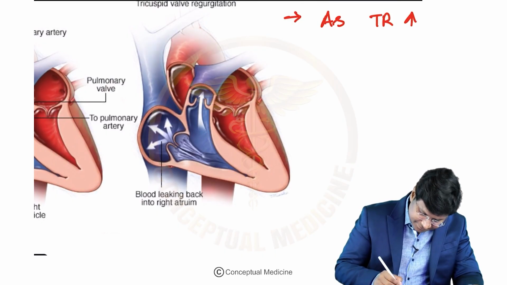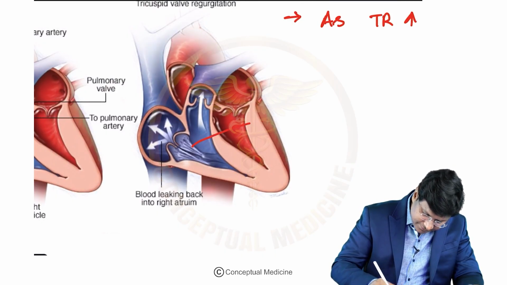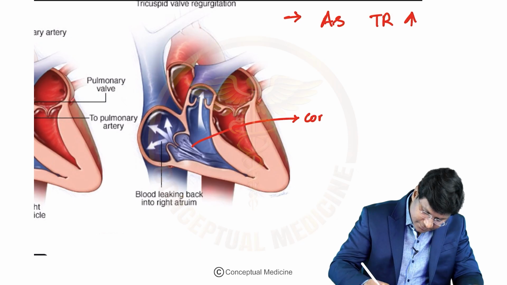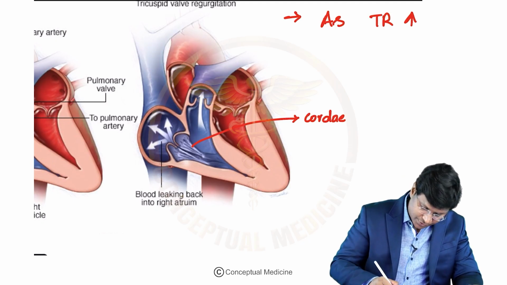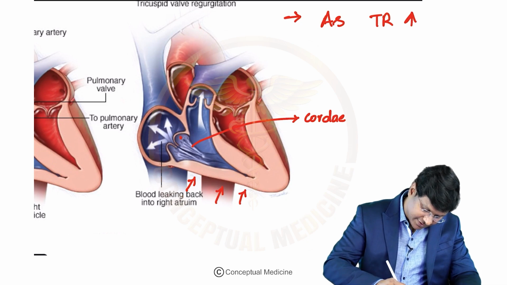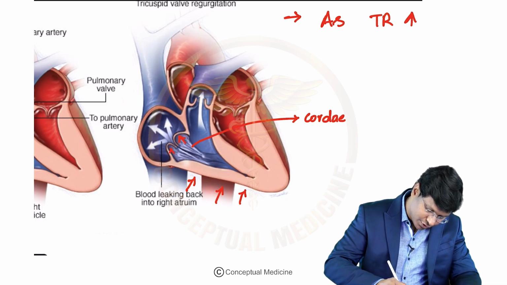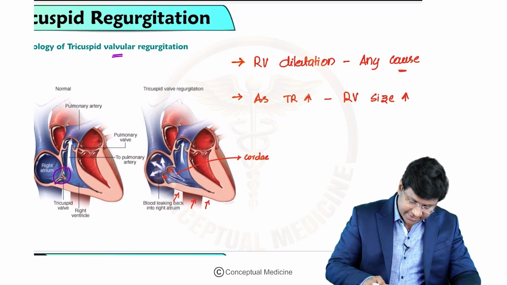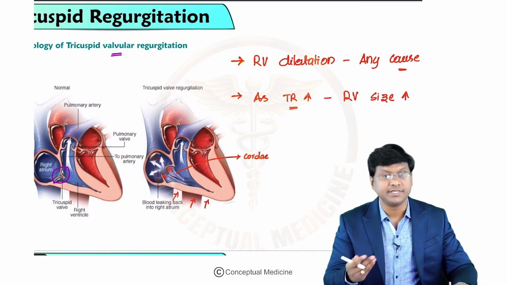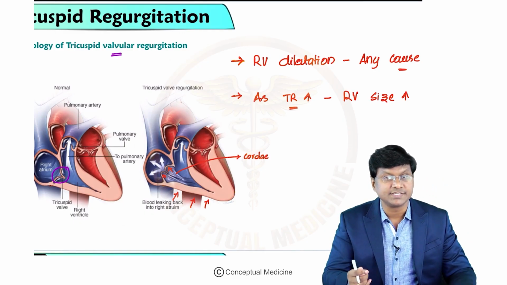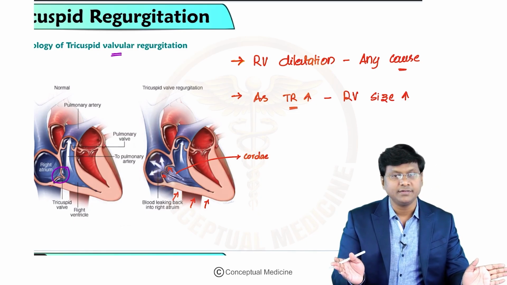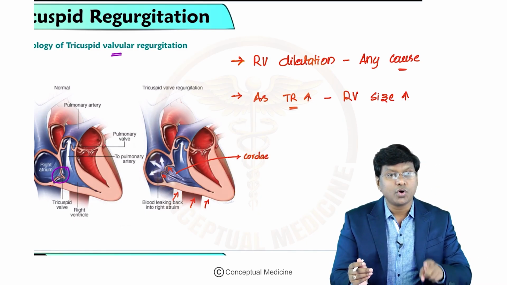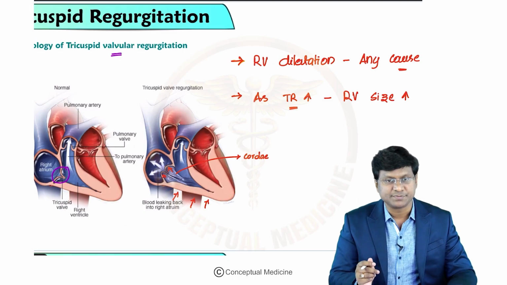Please see that the chordae are pulled up during right ventricular systole, and you can observe even the cusps are also pushed upwards.